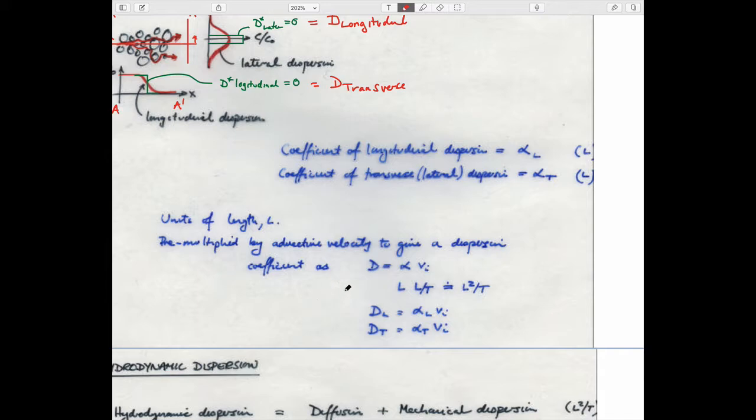And they are described in this form. So D transverse would be equal to diffusion, effective diffusion, plus alpha transverse times the flow velocity.